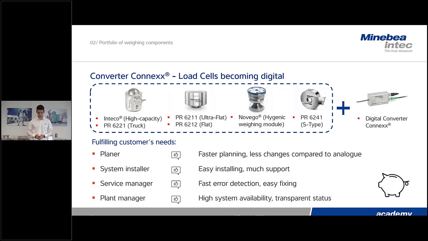Now I think I should be back, and with the next slide I will show another new product, our converter Connex. Added to our load cells, you will get a digital solution, which means that the output is digital with a standard protocol CANopen.